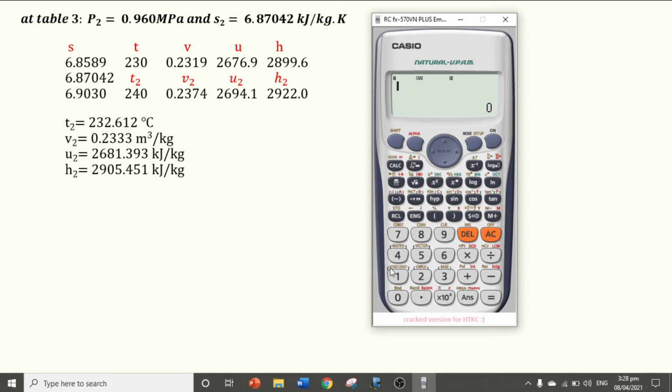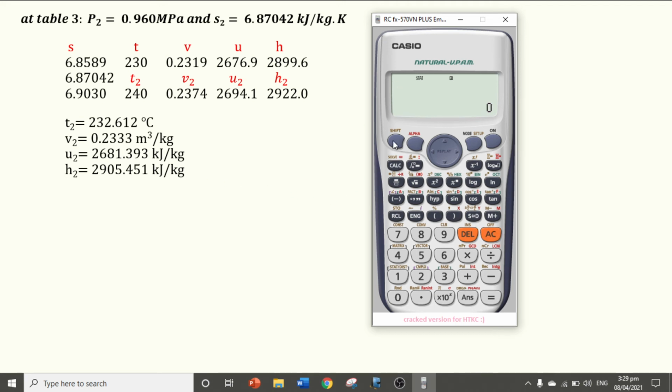Punta ulit tayo sa data. Edit natin si Y. Kunin natin si U2, 2676.9 and 2694.1. Lagay natin si alpha A. So, therefore, U2 is 2681.393 kilojoules per kilogram. Then, last solving for H2.